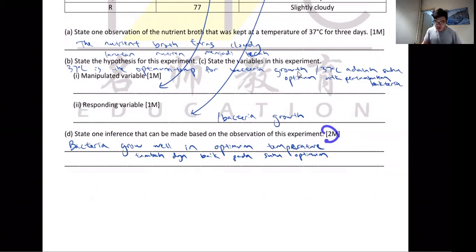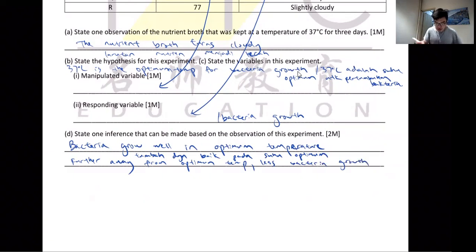Okay, so this is 2 marks, right? You can actually write another point saying that the further away from optimum temperature, the less bacteria grow. And because it's 2 marks here, you can write another point. Okay, the further away from optimum temp, less bacteria grow.